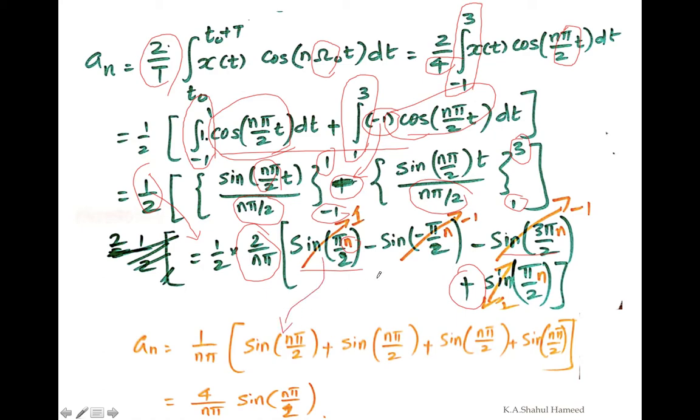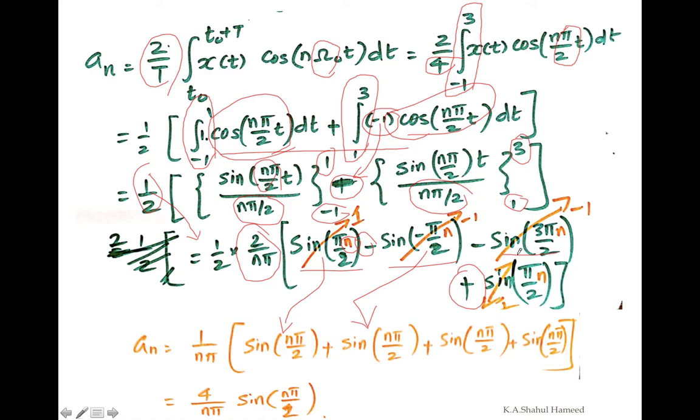Here we have sin of minus n pi by 2, which we can write as minus sin n pi by 2. So minus into minus, this term will become plus. Now we have sin 3 n pi by 2.